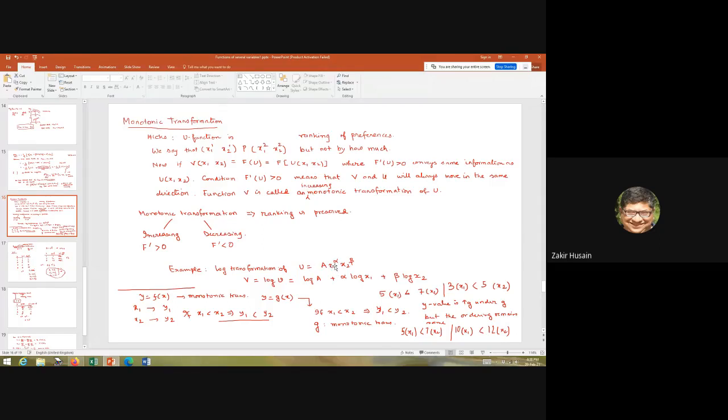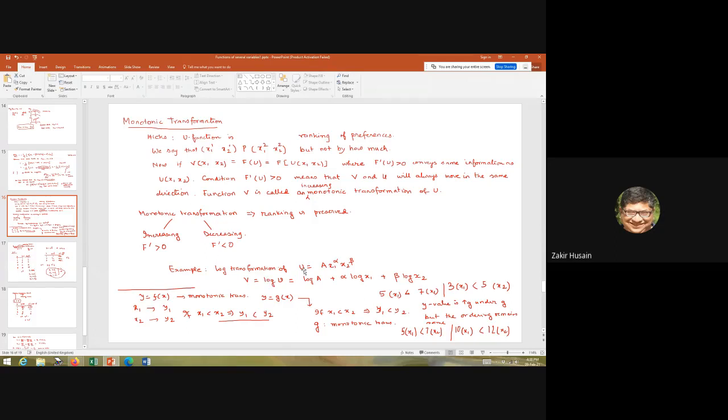So we can simply put in this utility function, and if we take log, we are going to get this type of function. So what happens over here, if you put in values of x1 and x2, your result will change.